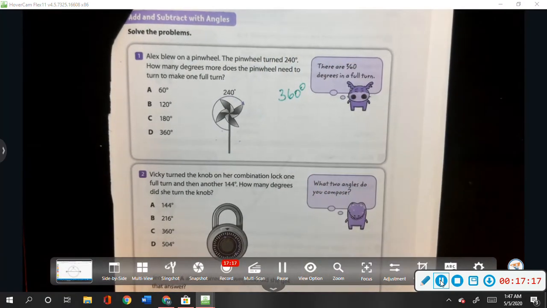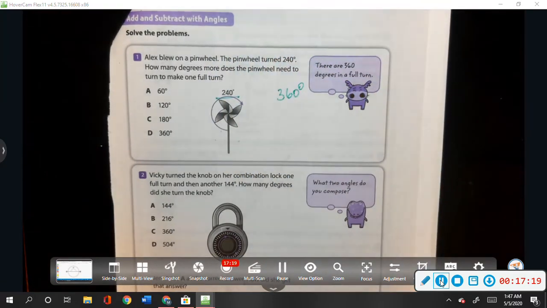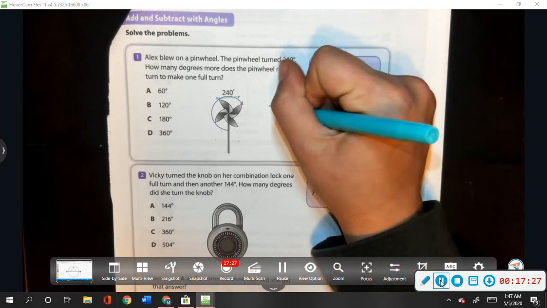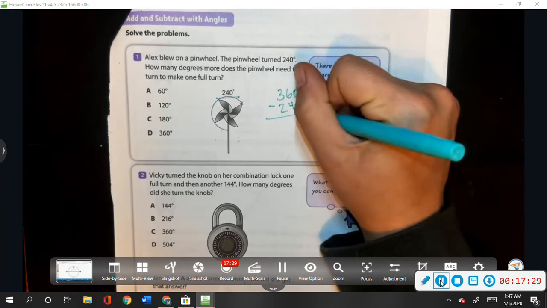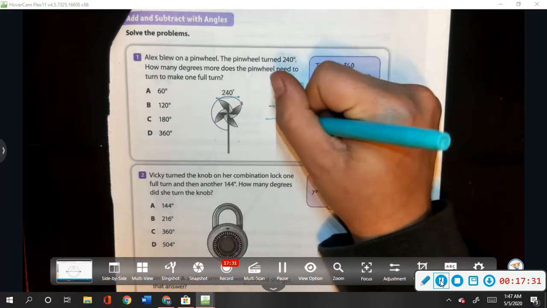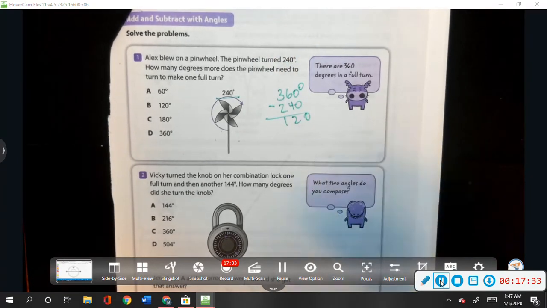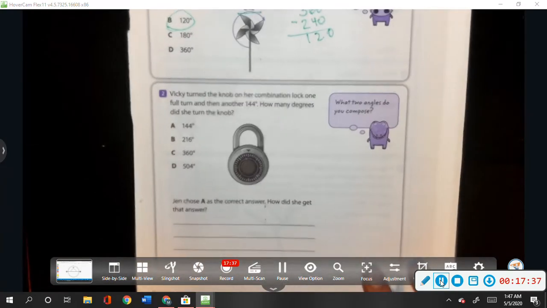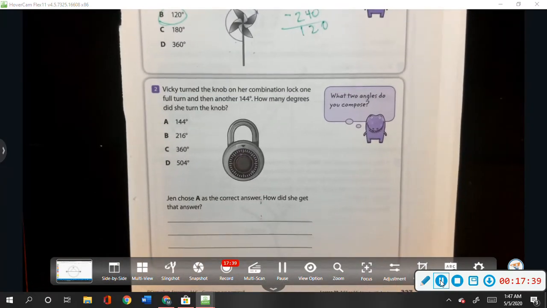We've already gone 240 degrees. We need to find the difference. So we use what? Subtraction. That would be 120 degrees.